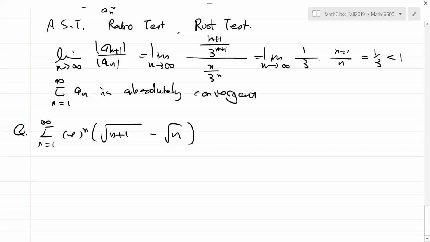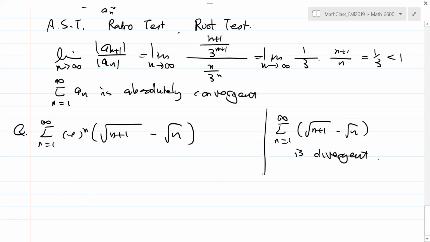For this problem, with the negative sign or without the negative sign, the method is quite different. Without the negative sign, this is divergent. I'm not going to prove that, I just give you a note.